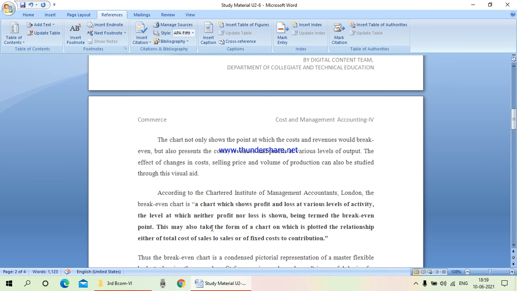This may also take the form of a chart on which is plotted the relationship either of total cost of sales to sales, or fixed costs to contribution.